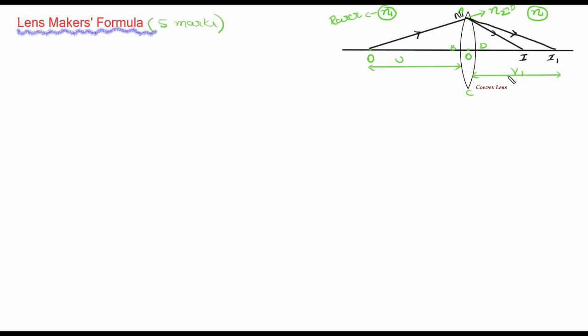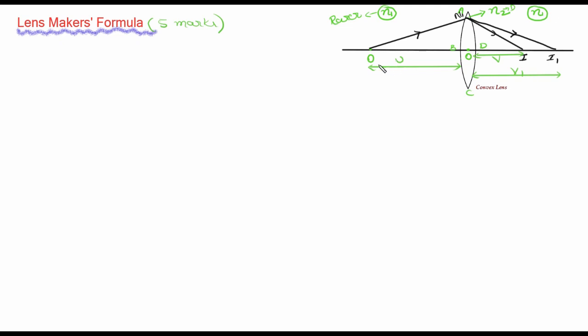This is the distance of the first image, so I am calling it V1. Next, the distance between I and the pole is V, the final image. Okay, so this is figure 1.